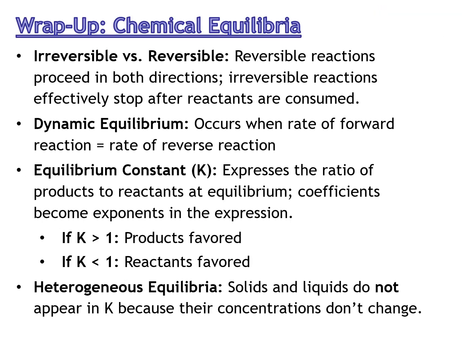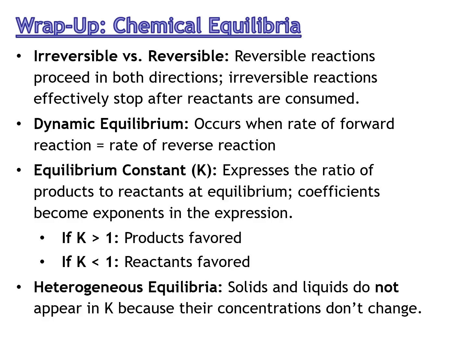All right, so we've hit the end of this particular lesson. We've looked at the difference between irreversible, where it only goes one direction, versus reversible. We also looked at dynamic equilibrium. The reason why it's called a dynamic equilibrium is because the reaction is still taking place. Dynamic equilibrium occurs when the rate of the forward reaction equals the rate of the reverse reaction.